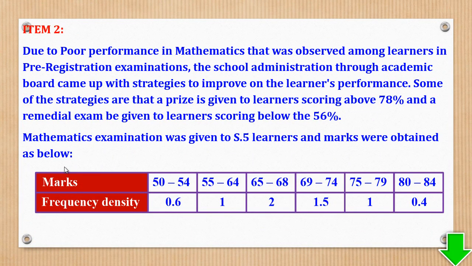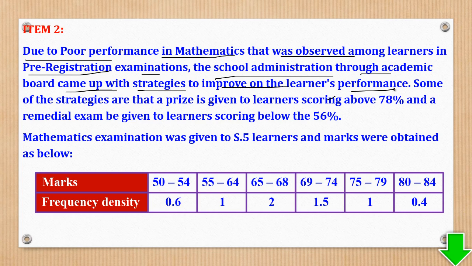Then item 2, still on grouped data, it says, due to poor performance in mathematics that was observed among the learners in pre-registration exams, the school administration, through the academic board, came up with strategies to improve the learners' performance.